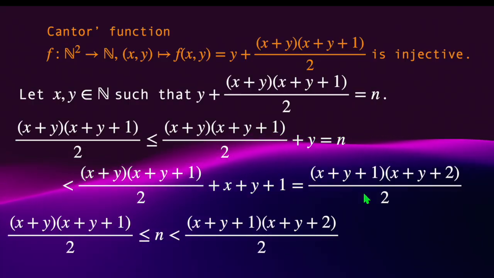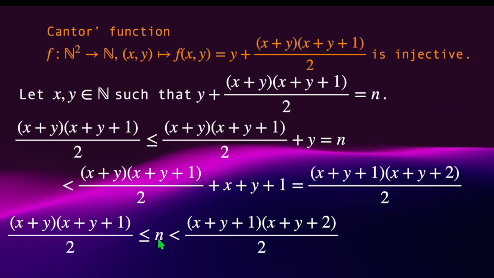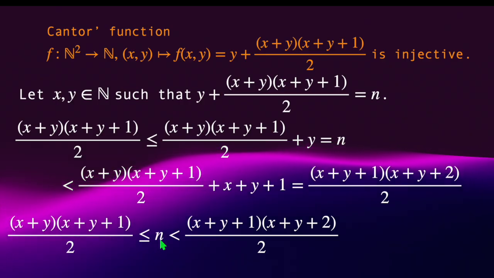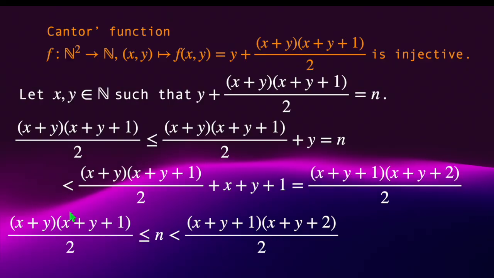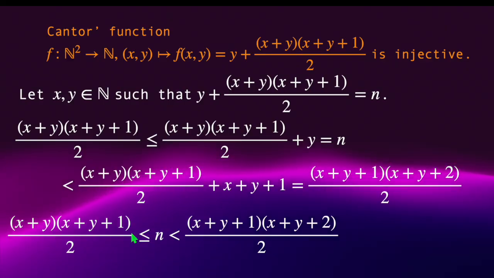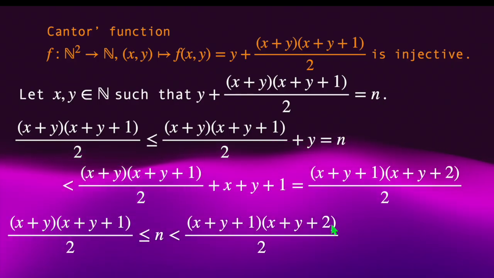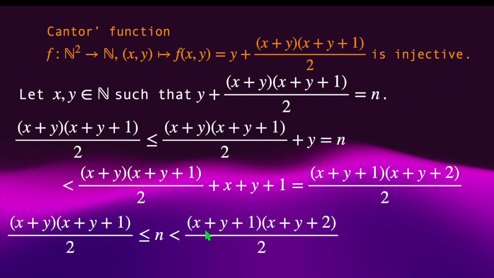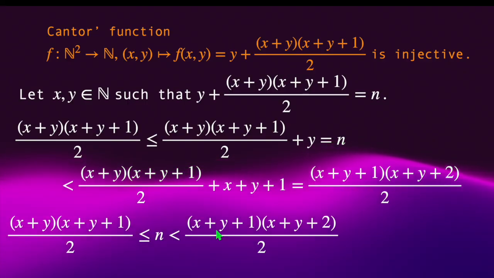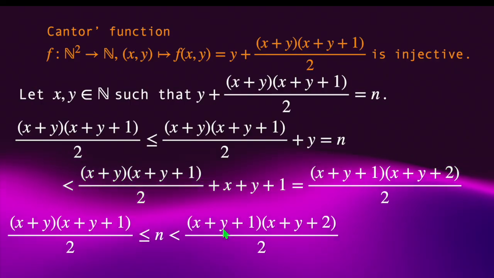On the other hand, we have shown that n is bigger than this, and what we see is that we have here p(p+1)/2 and (p+1)(p+2)/2, and according to the lemma, x plus y is the unique p we have computed earlier. So necessarily x plus y is equal to p.